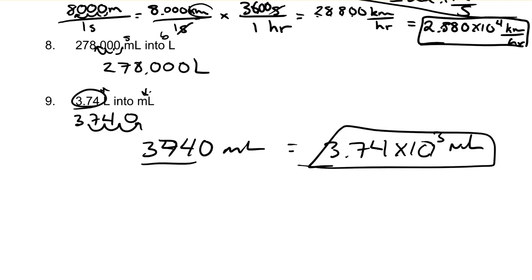And so what I want to really stress is that you shouldn't worry about significant digits so much. As long as you can get these raw values, like 3,740 milliliters, we'll worry about turning it into significant digits later. Hopefully that made sense.